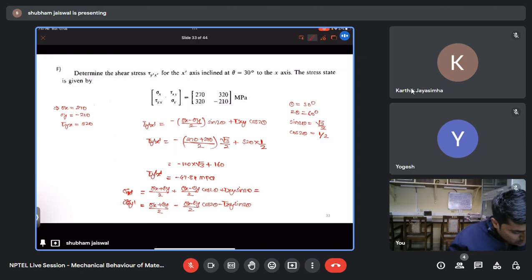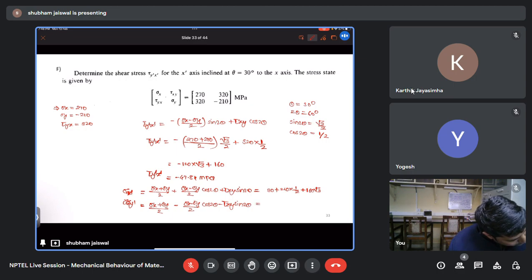So sigma x plus sigma y is 270 minus 210, 60 by 2, 30, plus 480 by 2, 240, into 1 by 2, plus tau xy 320 by 2, 160 root 3.